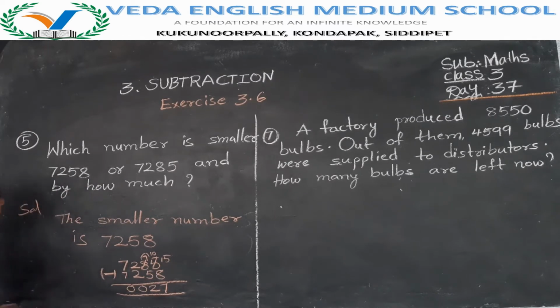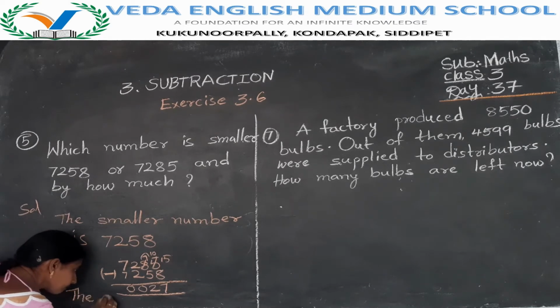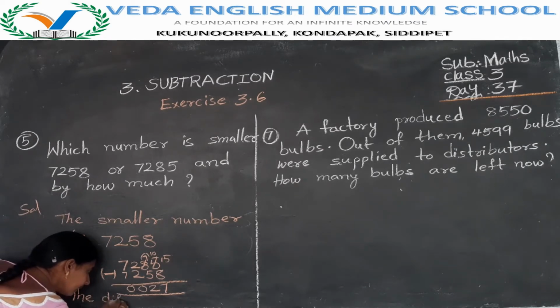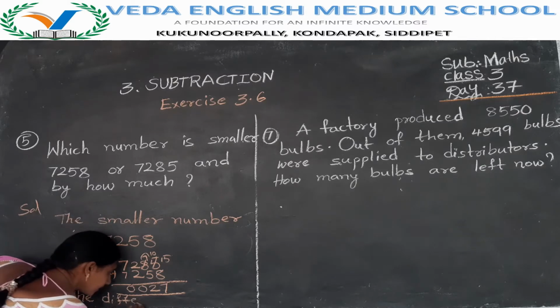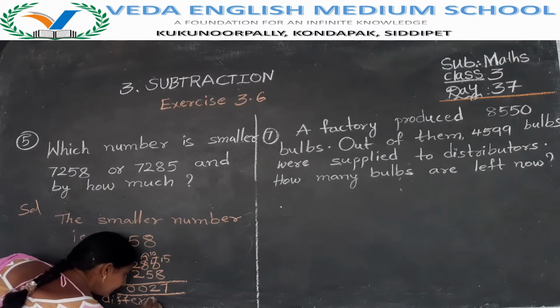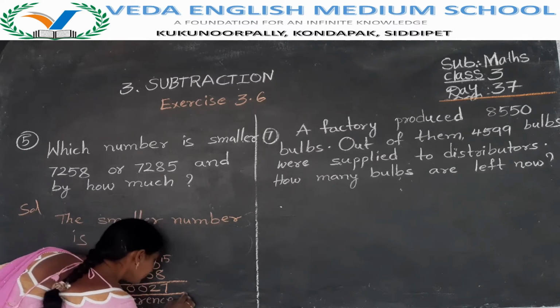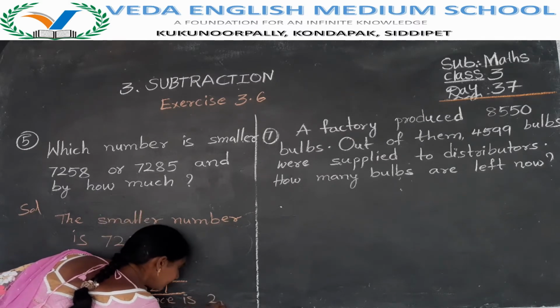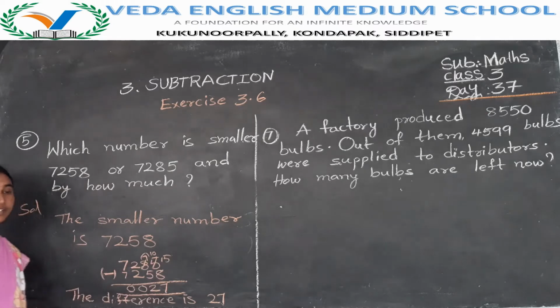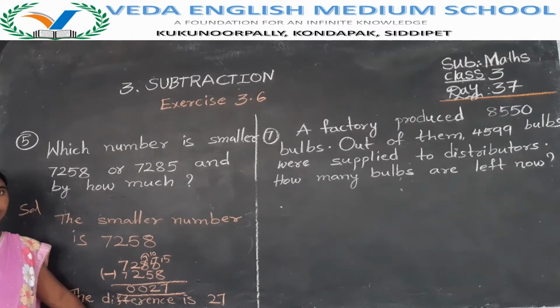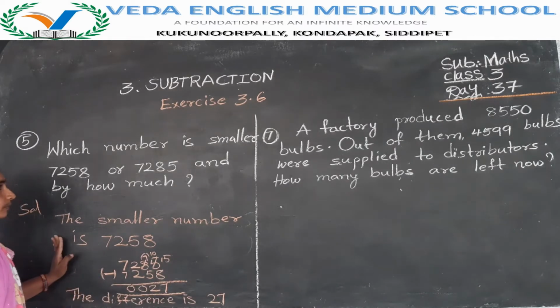Now write down the difference. The difference is 27. This problem is over.